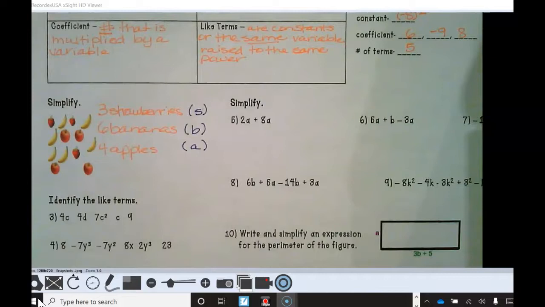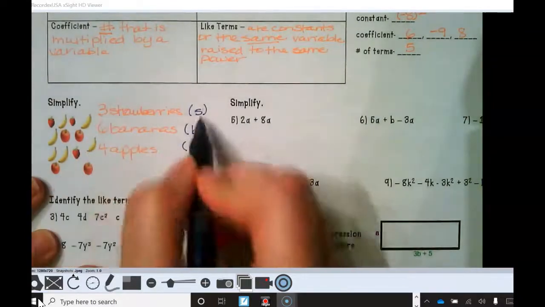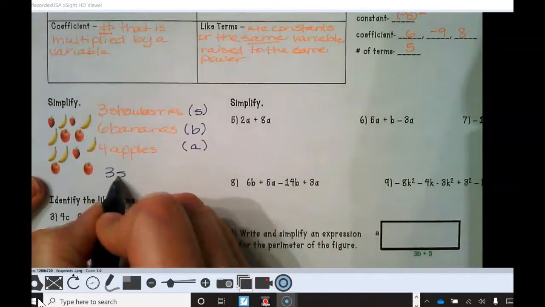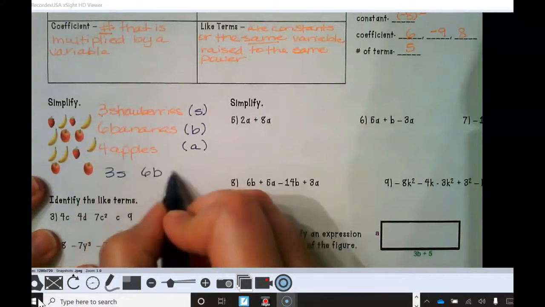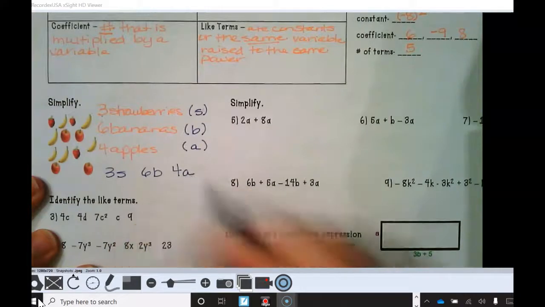You don't have 13 of anything. Because if you look over here, there's not. So the way you would talk about it is you would say, I have 3 strawberries. I have 6 bananas, and I have 4 apples.